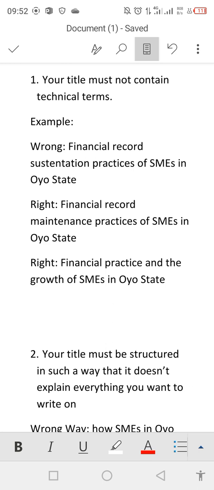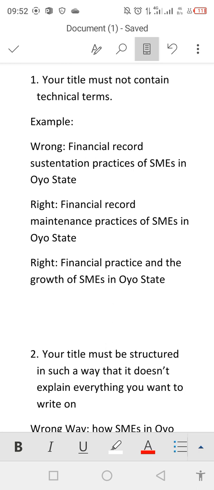Your viewers, your supervisor, or people that will be reading your research article are not interested in seeing how well you can make use of vocabularies or how good you are in vocabularies. All they are interested in is that they want to see what you are interested in talking about.